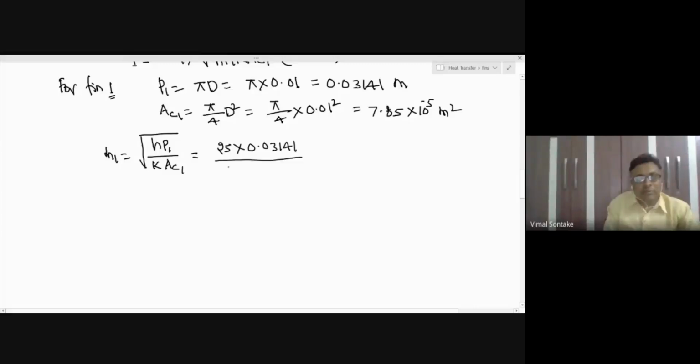The value of k is 16 and cross-sectional area is 7.85 into 10 to power minus 5.